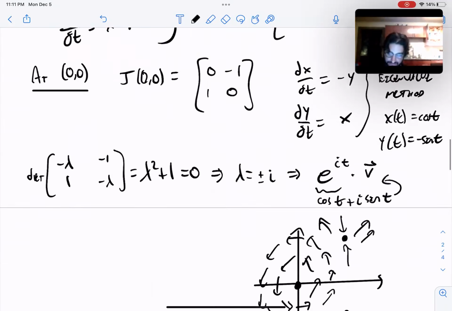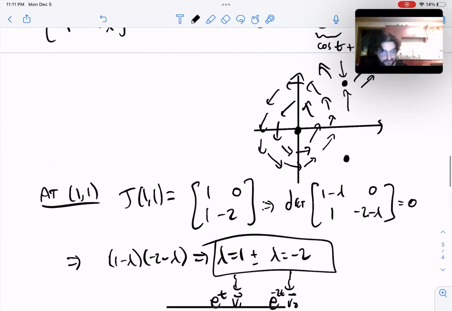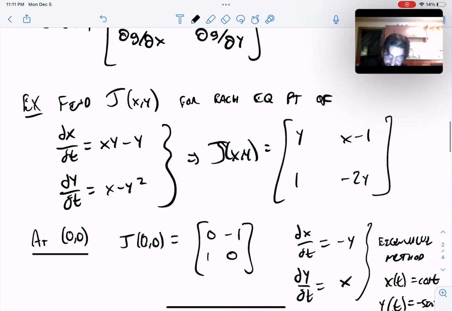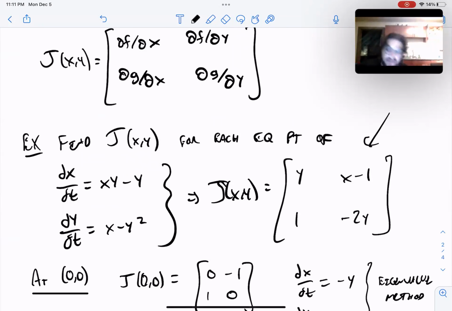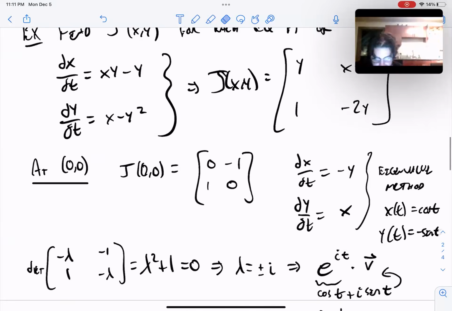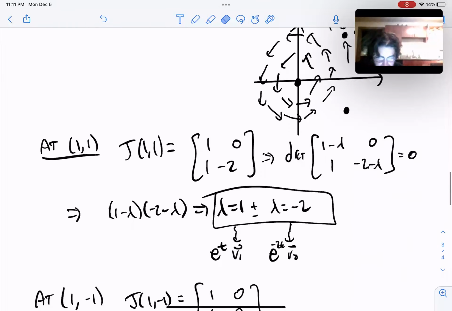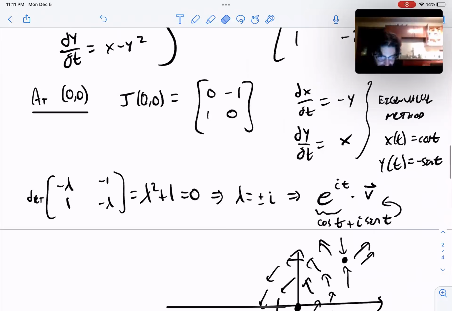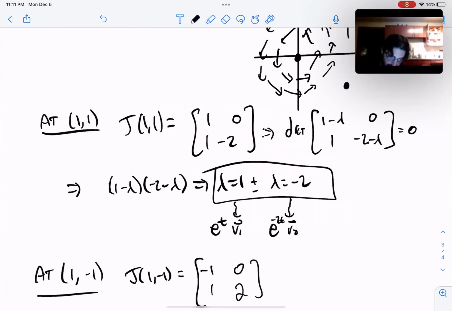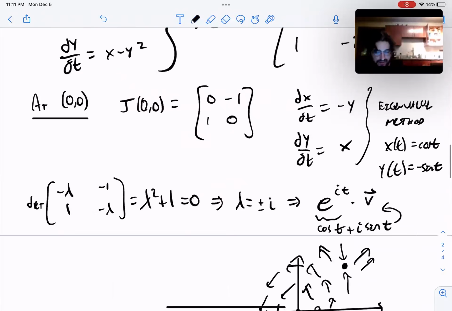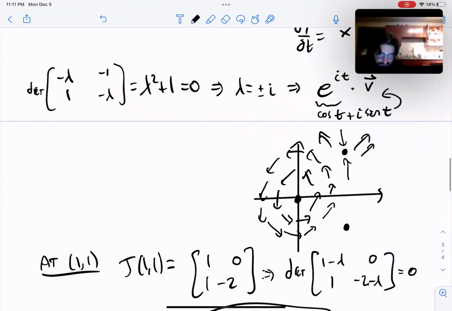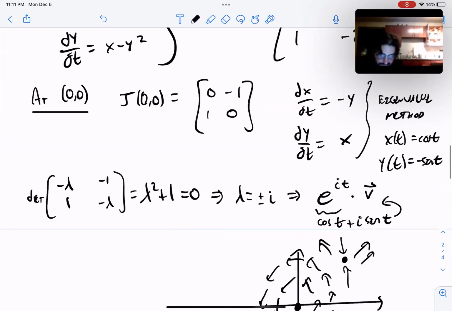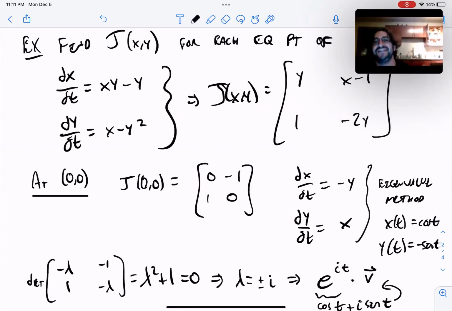There we go. 1, 0, 1, and 2. So I'm plugging 1, minus 1 in here. Oh, this one up here should be minus 1, right, y is minus 1. There we go. I knew something looked off. There's the right thing now.